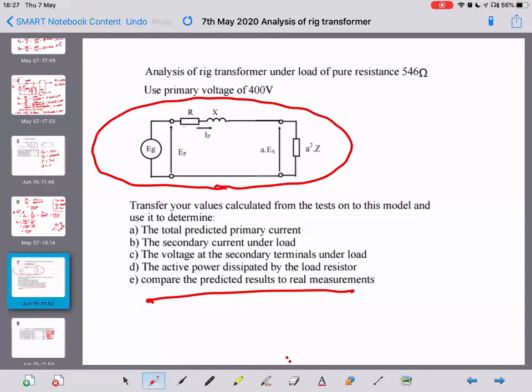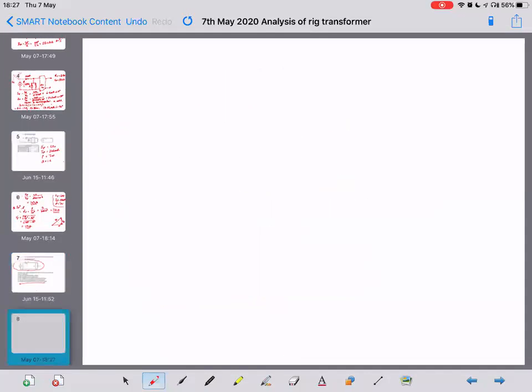All right, so that's what we're going to do. I'll start a new page. Here's our transformer terminals. We want to model up with 400 volts there.